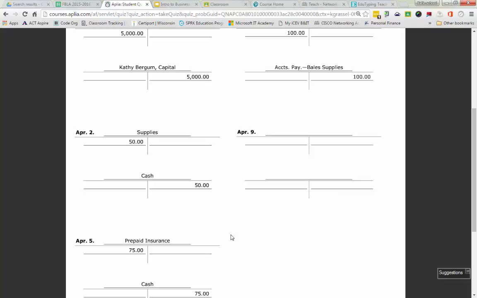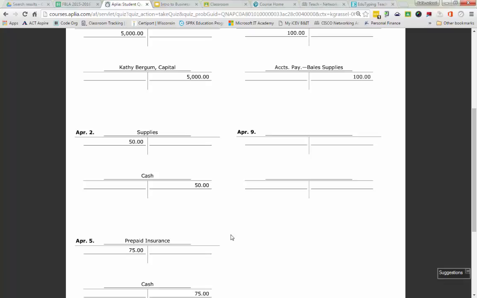Correct. Which account do you want to talk about? Accounts payable. Okay, what type of account is accounts payable, Bale Supply? Liability. What side of the accounting equation is it on? Credit. Normal balance is a credit because it's on the right side, right? So do we owe accounts payable, Bale Supply more money or less money? Less money.